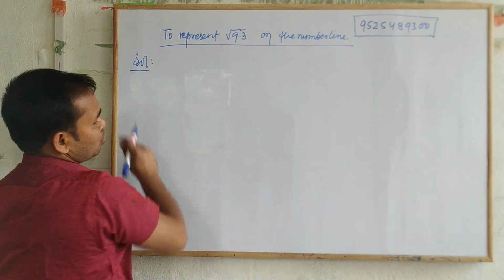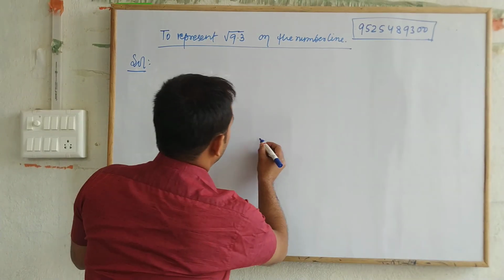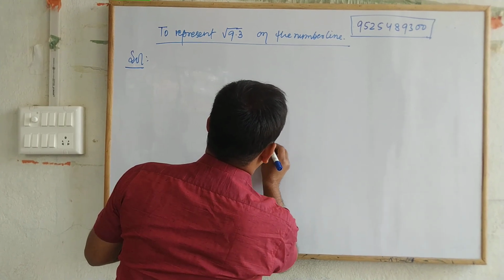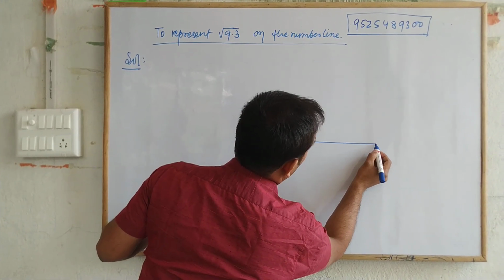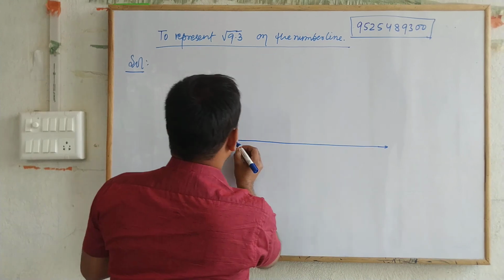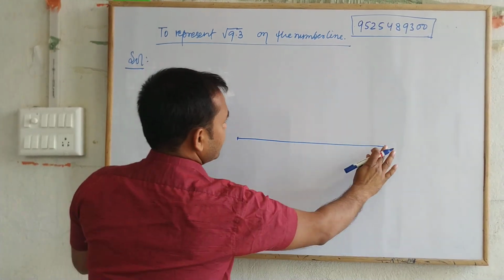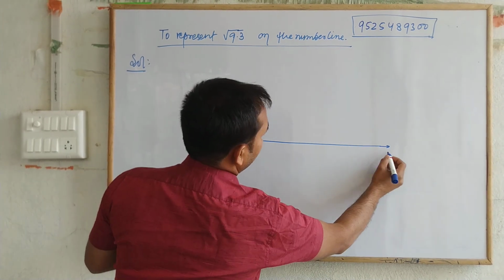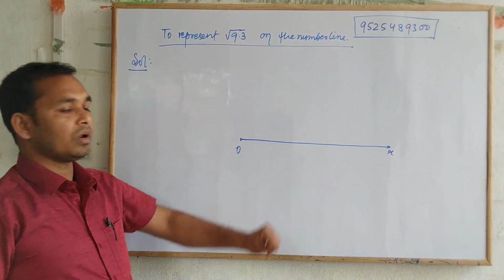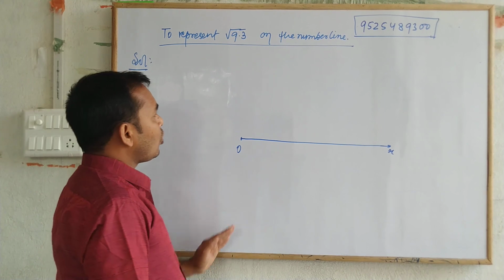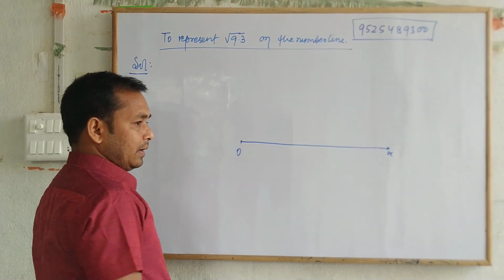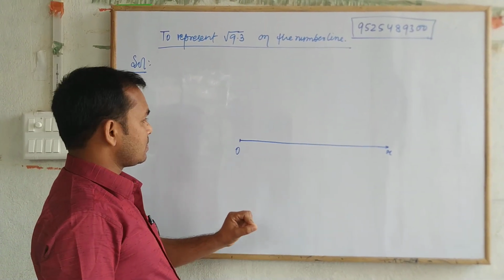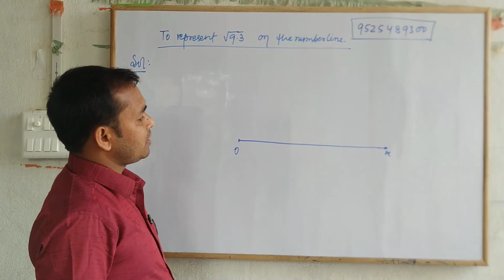Here, write the solution. For doing this, first draw a straight line, and name it O and X. Sorry, this will be your ray. On this ray, take a compass of 9.3 centimeter.